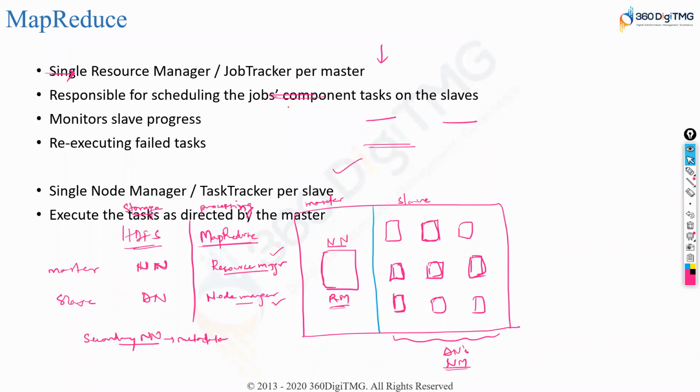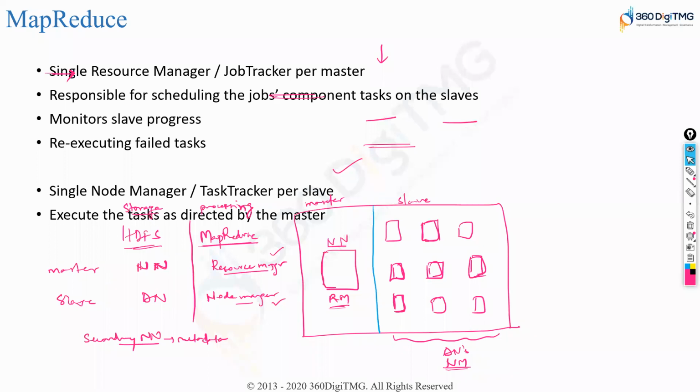If any node fails, then resource manager will get information about that failed node thanks to the heartbeat concept that we have understood. Same concept is applied here on data nodes and node managers and resource manager. Same heartbeat concept.